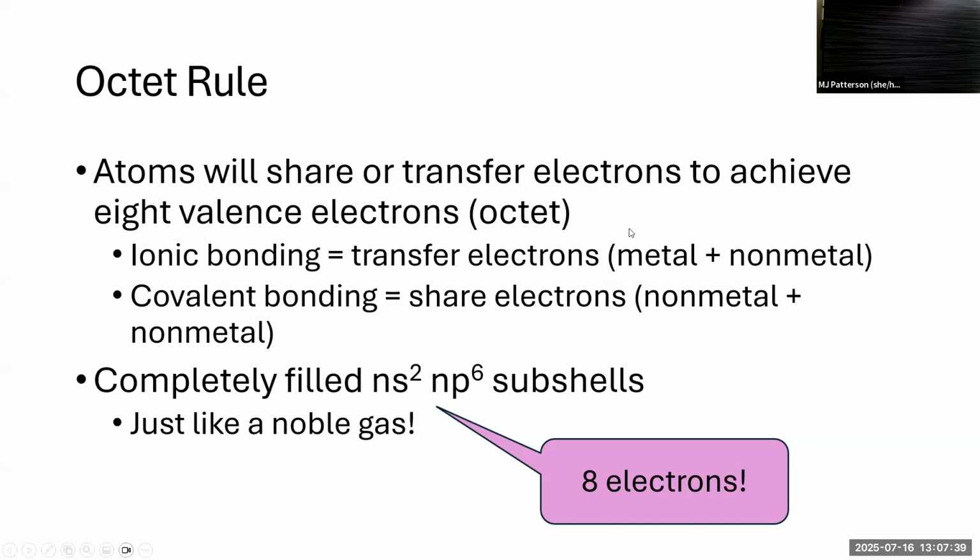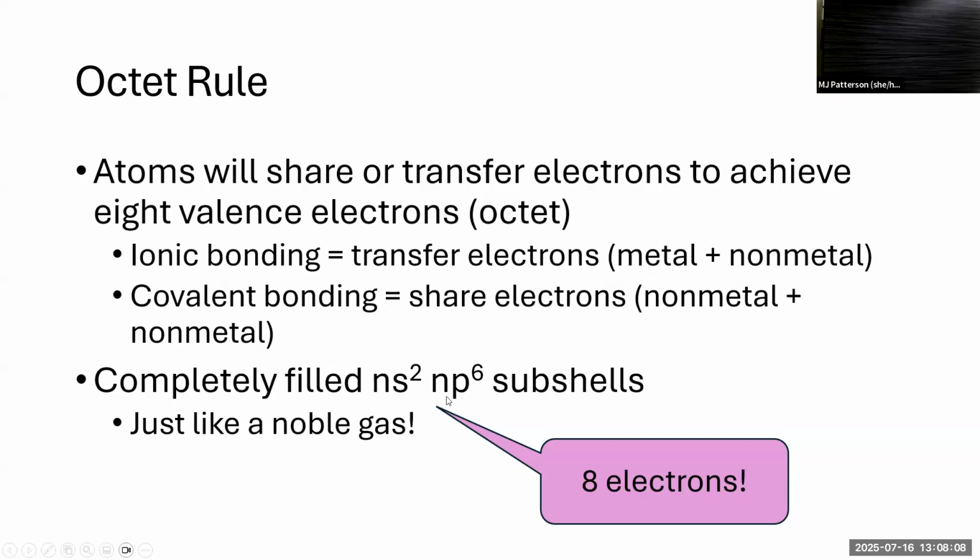Atoms can get that octet of electrons basically 2 ways. They can get it by giving away electrons or by taking extra electrons. We can refer to that as transferring electrons. That's what happens with ionic bonding with a metal and a non-metal. Or if we're making a covalent bond, the atoms can share electrons. And so either way, whether it's by transferring electrons or by sharing electrons, they're trying to reach these octets.